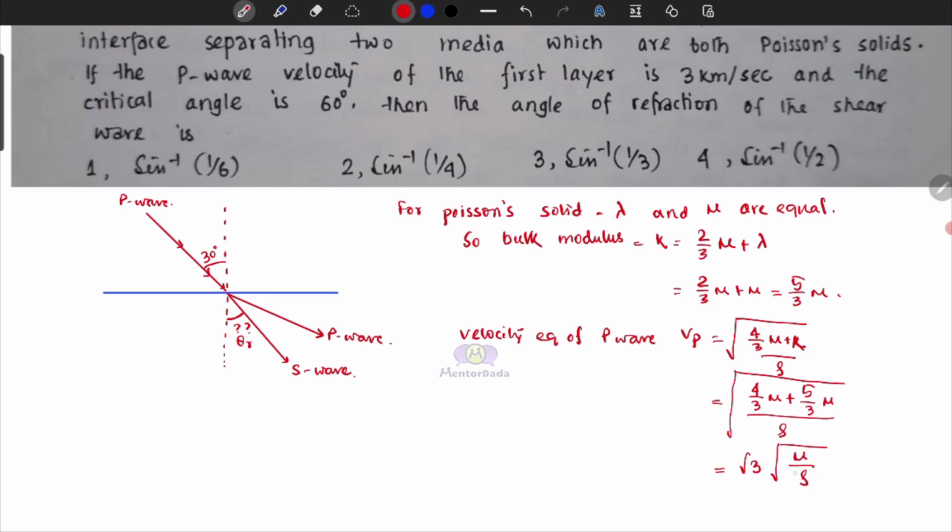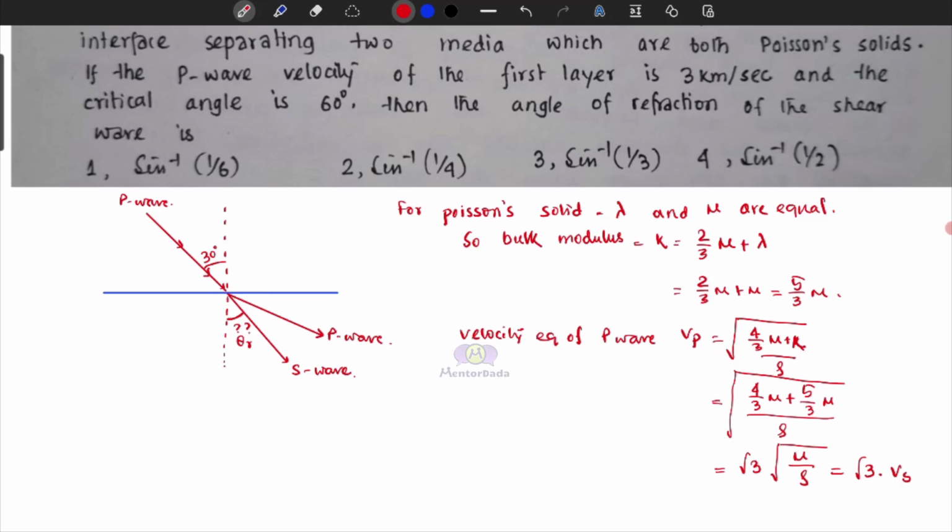We all know that root of mu by rho is the formula of S wave velocity. So the velocity of the P wave will be root 3 times the velocity of the S wave.